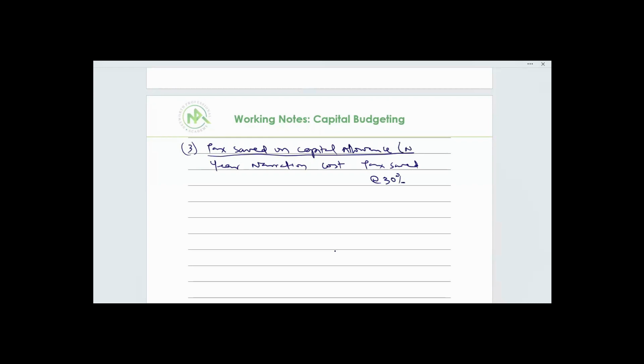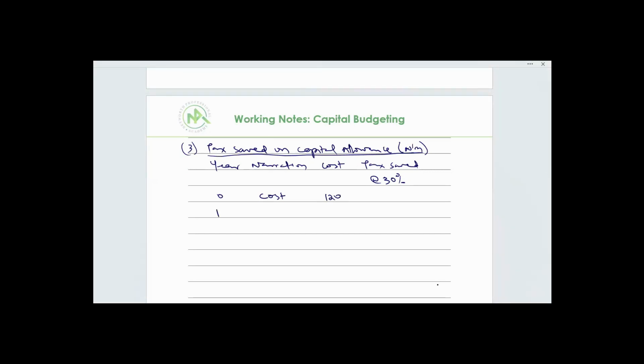Our figures are in million. Year 0, I will have the cost of the assets. I will go back to the question, what is the cost of the equipment? We are told that the production equipment for the new device will cost 120 million naira. Okay, that's the cost of the asset, 120 million naira.